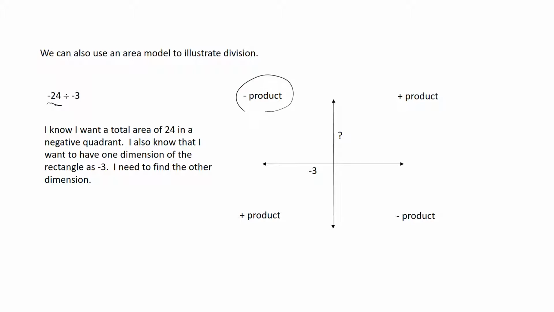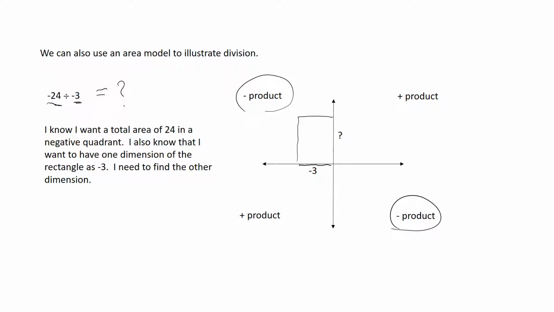I want 24 squares in one of these quadrants. It doesn't matter which one. And I need to have one dimension of the rectangle be negative 3. So I want to find out what I have to multiply by -3. So I've got my -3 here, and I want a product that's going to give me 24 in this quadrant.